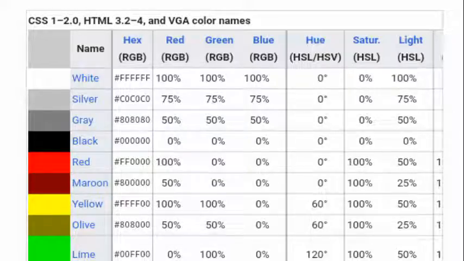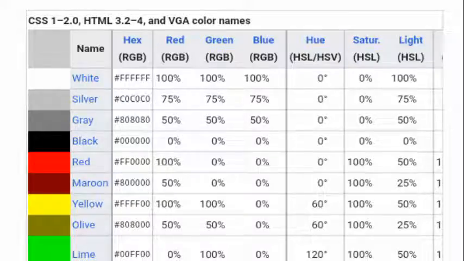Now, silver is made up of 75% red, green and blue. Gray is 50% red, green and blue. Black is 0% red, 0% green, 0% blue. So if you have black color, you have no red or green or blue.